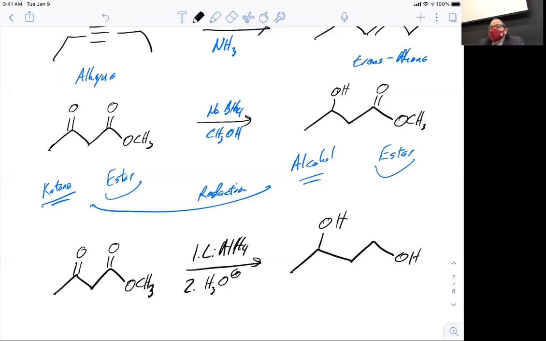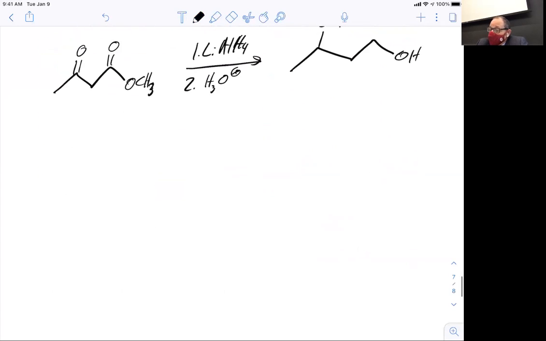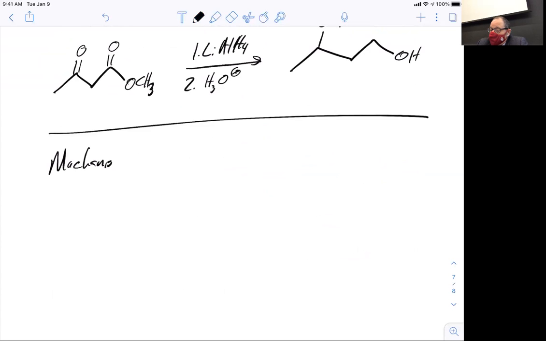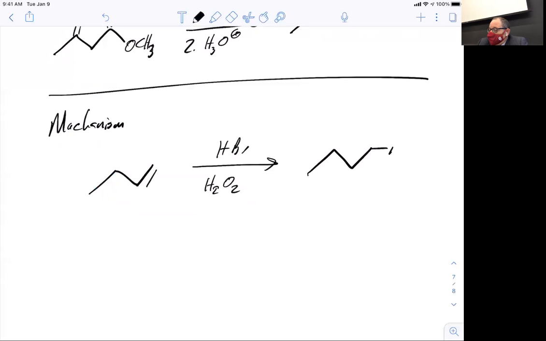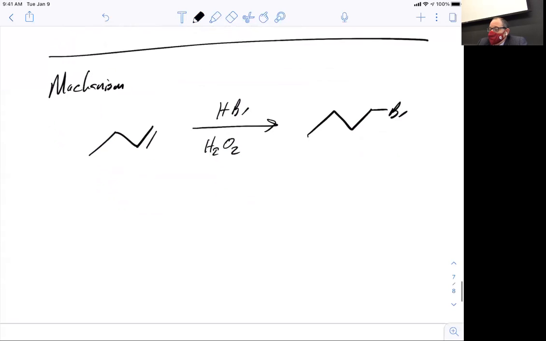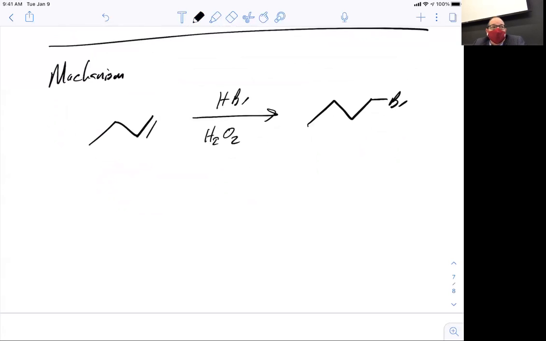Okay, questions about these? Okay, let's do a mechanism one. Let's draw this mechanism to turn this alkene into the least substituted bromide.